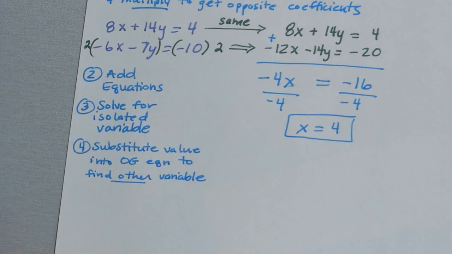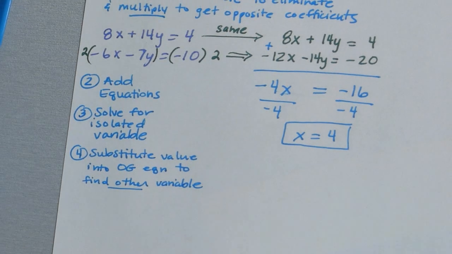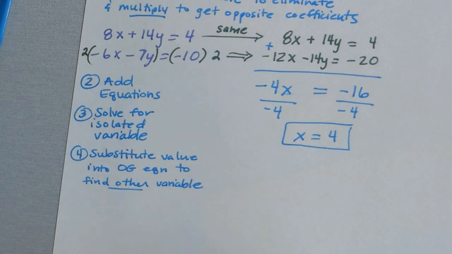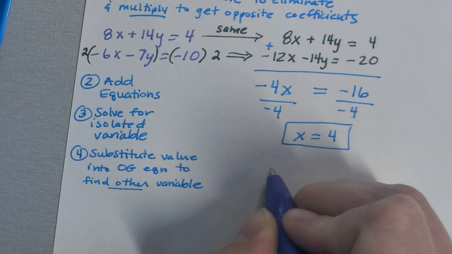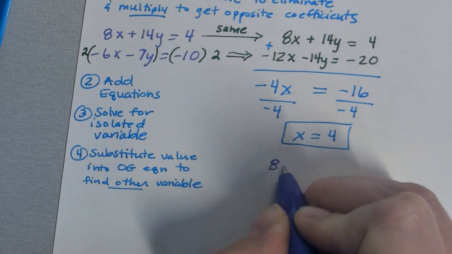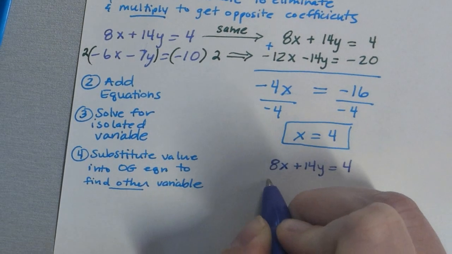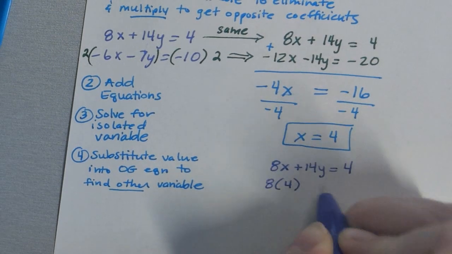You can decide which equation you want to plug it into, but if I'm looking at the two choices for A, what do you think? Should we do the first equation or the second one? Yeah, I like the first one because there are a lot fewer negatives in there. So if I have 8x plus 14y equals 4, all I have to do is substitute in the 4.